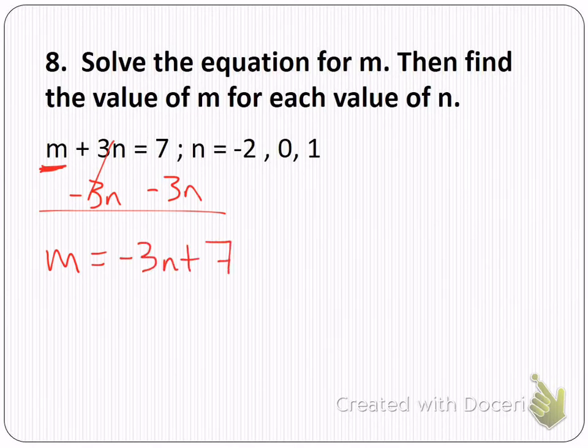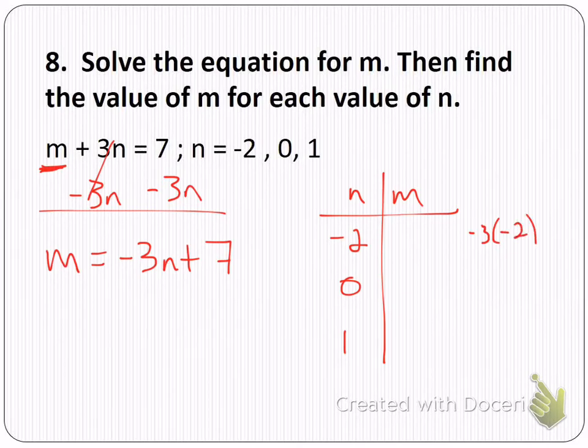And now I want to find out what m is for all these values of n. Negative 2, 0, and 1. I'm just going to literally plug in negative 2 for n. That's 6 plus 7, which is 13.